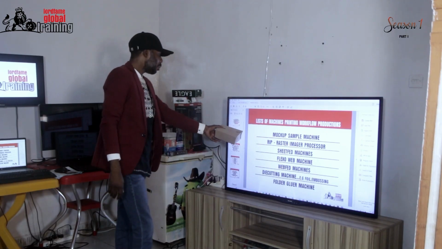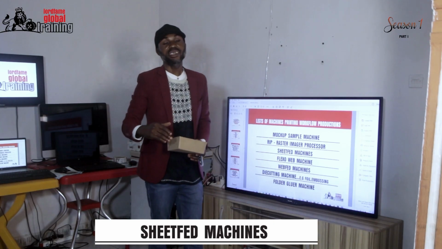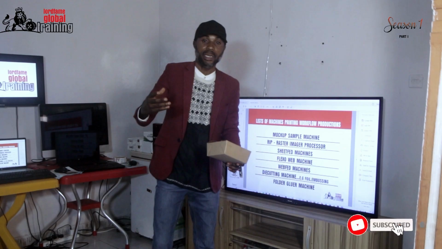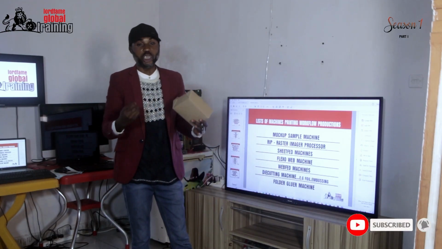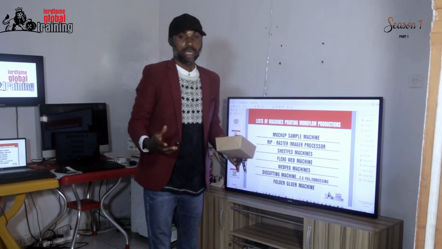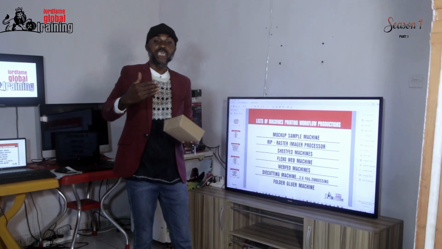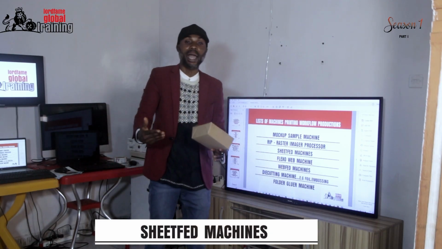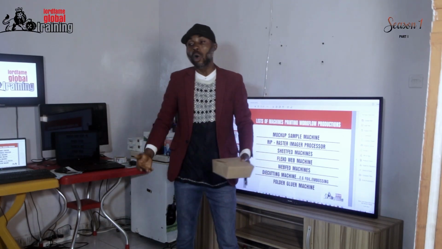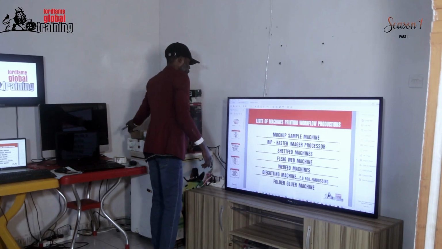So there's a machine we call sheet-fed machine. Sheet-fed machine is a machine that picks tablet paper, the paper that comes out in a sheet. That is the paper that is used. That's why we call it sheet-fed machine. Sheet-fed machine is handled by press. I was telling you then that press, they are the ones that print the job for production.